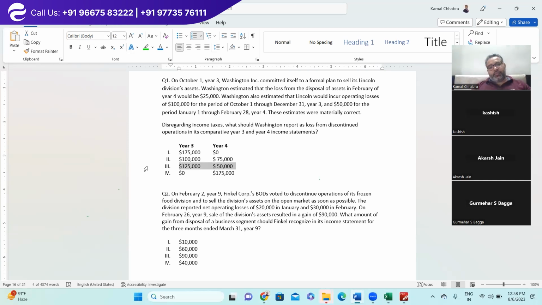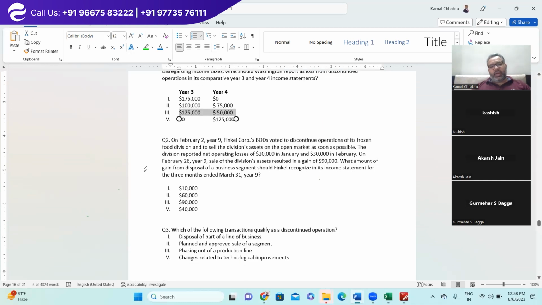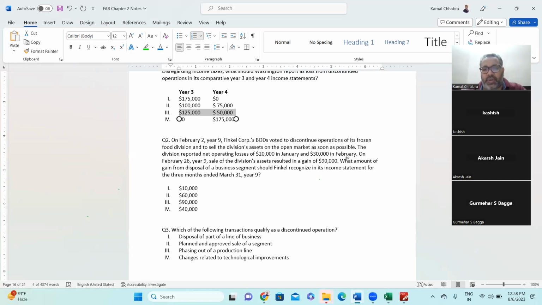Second question. On February 2, year 9, F Corporation's Board of Directors voted to discontinue operation of the frozen food division and sell the division assets on the open market as soon as possible. That means the assets are available for sale. The division reported a net operating loss of 20,000 in January and 30,000 in February.